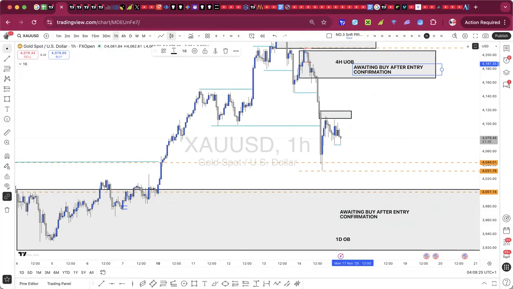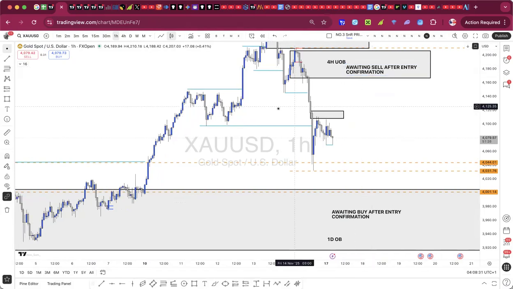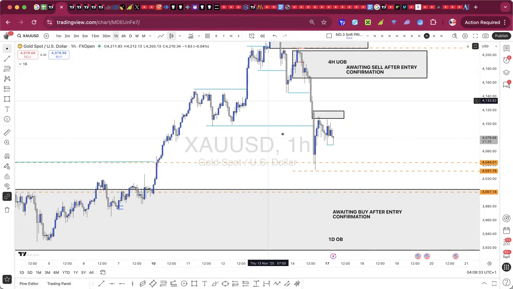So this will become awaiting sell after confirmations. You see now? Okay, so that's what it is.